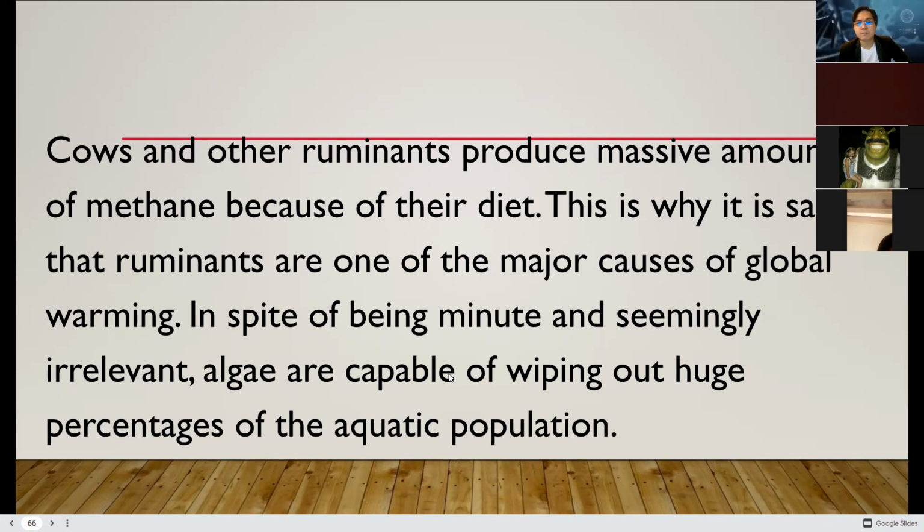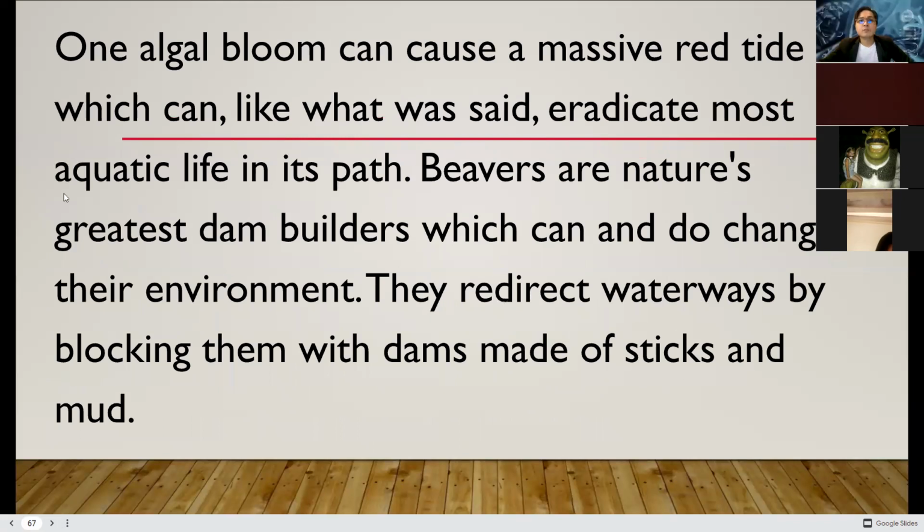In spite of being minute and seemingly irrelevant, algae are capable of wiping out a huge percentage of the aquatic population. An algal bloom can cause a massive red tide, which, like I said, can eradicate most of the aquatic life forms in its path.